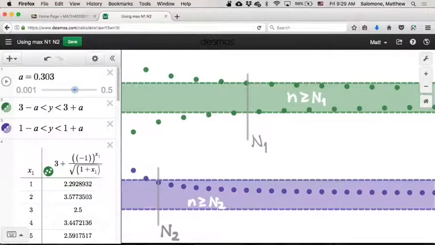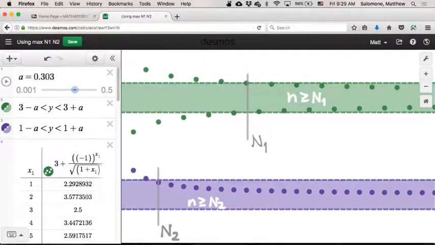Now, the question that we're up against is, what capital N should I pick that will make it so that both sequences are within epsilon of their limit past that point? How should that capital N relate to N1 and to N2? Or equivalently, where on this diagram do we find both of our sequences within epsilon of their limit? We find it after the largest of the n values.